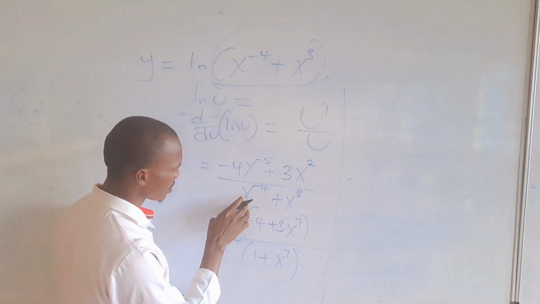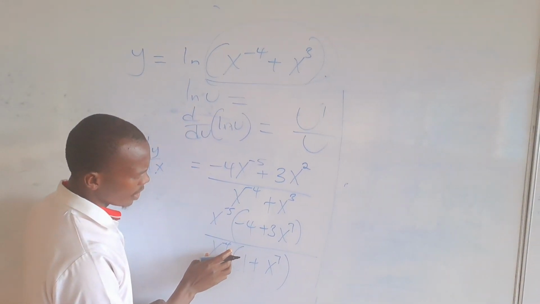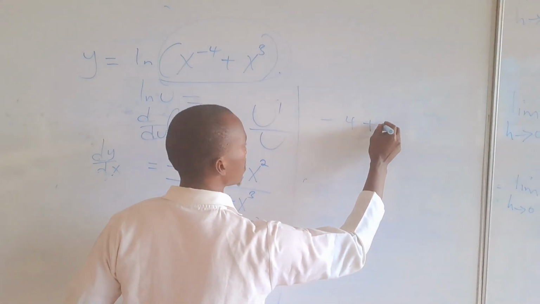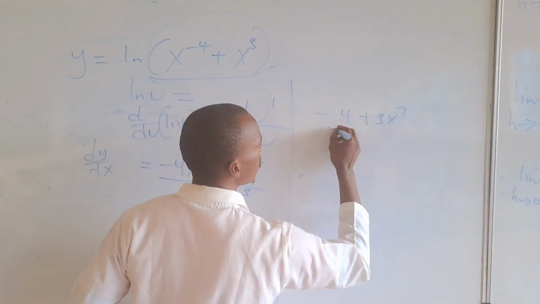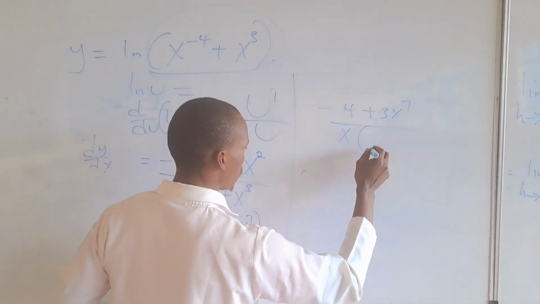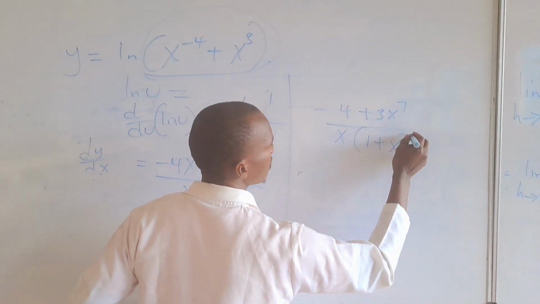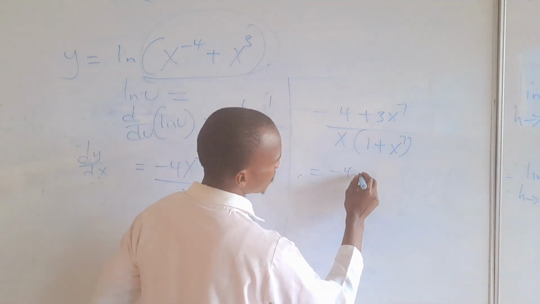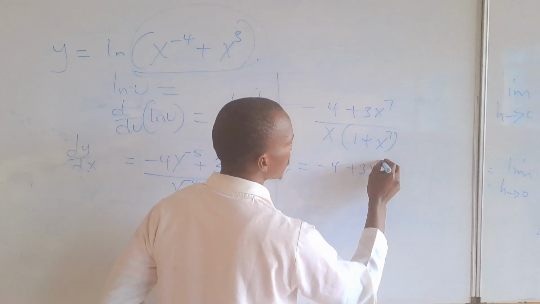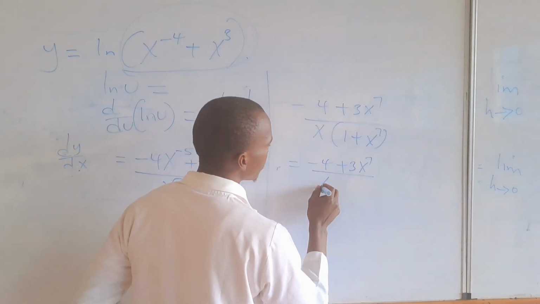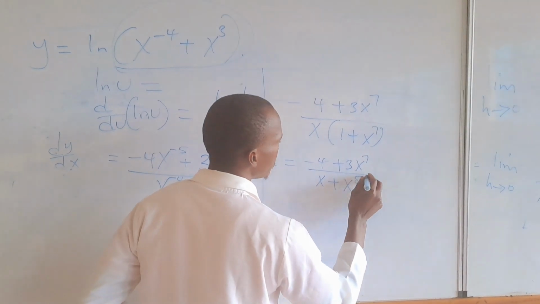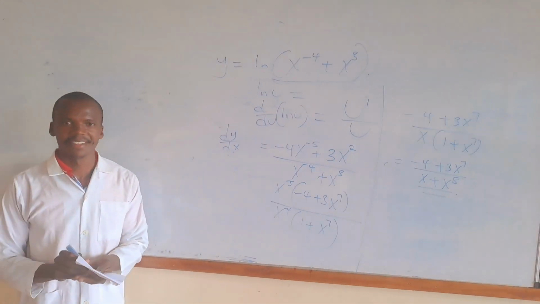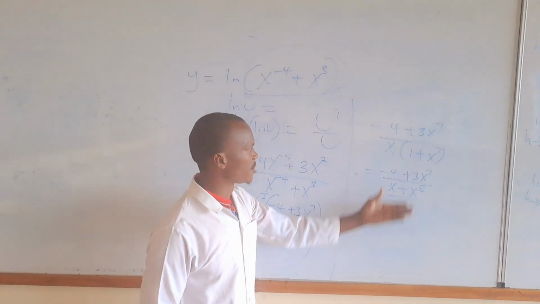So therefore we have -4 plus 3x raised to the power 7 over x into 1 plus x raised to the power 7, which you can write as negative 4 plus 3x raised to the power 7 over x plus x raised to the power 8, and that becomes your answer, as simple as that. That is what you should know.